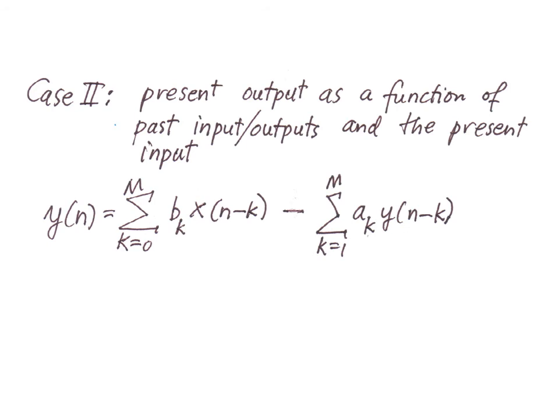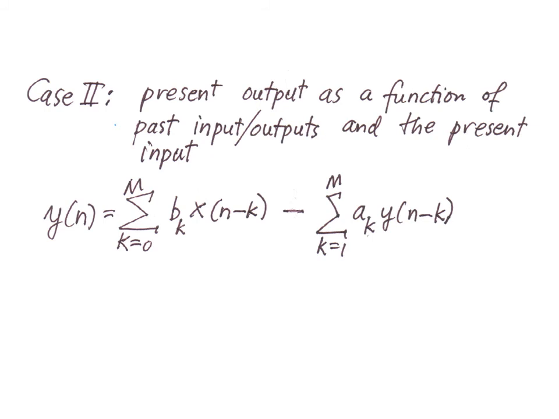Now, the second summation starts at 1. That's because you don't want to have a circular definition here. If you started at 0, then you would have a y of n term on the right. You'd be defining y of n in terms of y of n, and that's just not done.